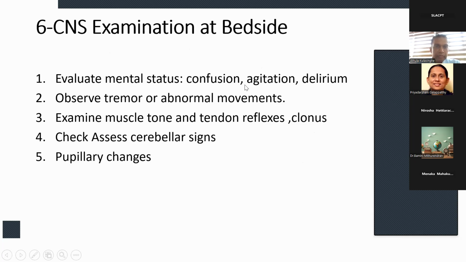First the confusion and delirium, next the tremor and abnormal movements, and after that the next step is muscle tone. This is very important, especially for neuroleptic malignant syndrome, along with tendon reflexes and clonus. Those are bedside elicitable physical signs.